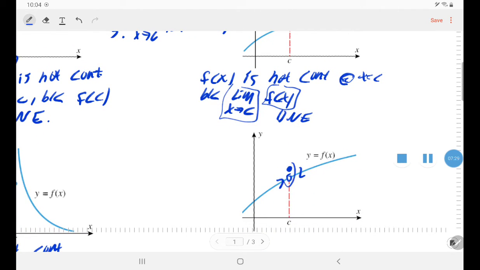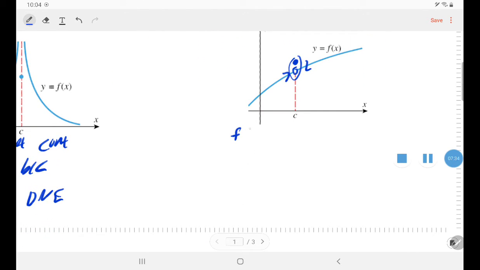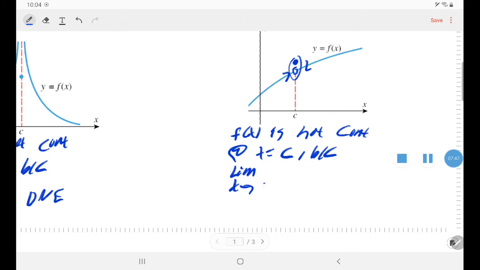So are these the same y value? And that's no. So in this case, f of x is not continuous at x equals c, because the limit as x approaches c of the function f of x is not equal to f of c.